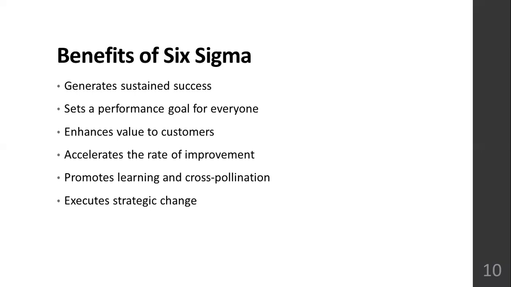It promotes learning and cross-pollination. One department can learn from the other department, from the mistakes of the other department, when Six Sigma is going on. It executes strategic change. Strategic change means that top management wants to do some change. So with Six Sigma, a change from top to down is easy.